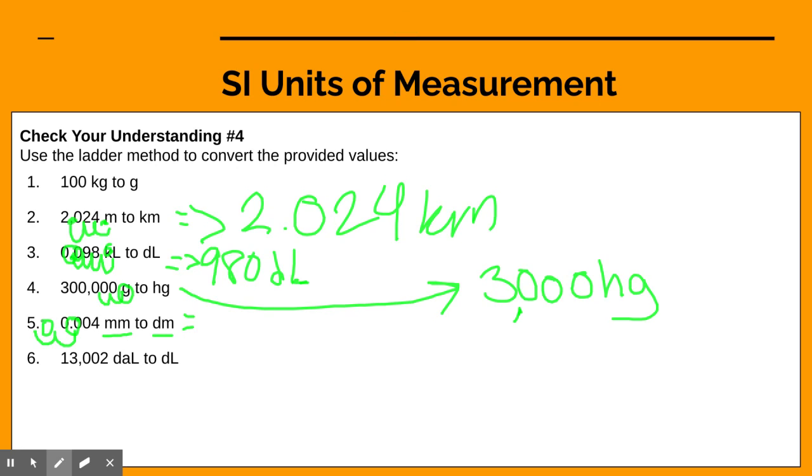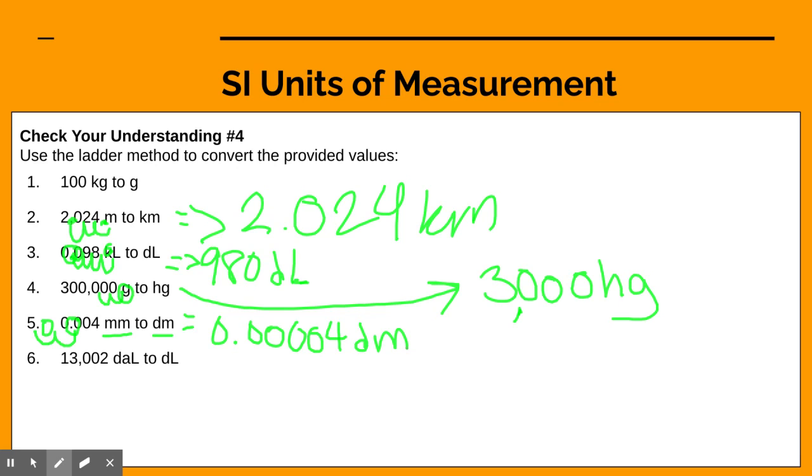So my new number is 0.00004 decimeters. Okay. Now, I know that seems weird because that's quite a few zeros, but that is how many we have to have here.